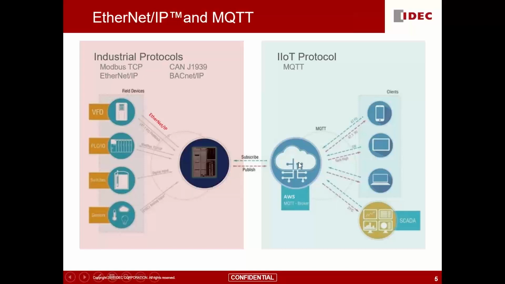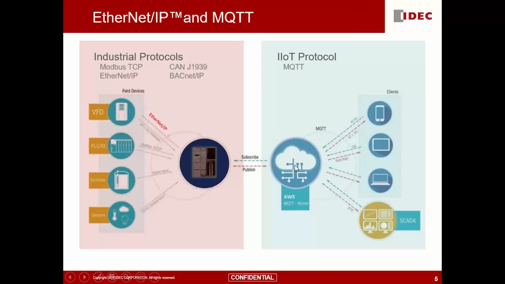Once that information is on the cloud network, you have client devices. A client device could be a SCADA system, your PC, your tablet, or your phone, and it can easily access the cloud database. The biggest benefit of MQTT is that your client device is not accessing the PLC directly using an IP address.